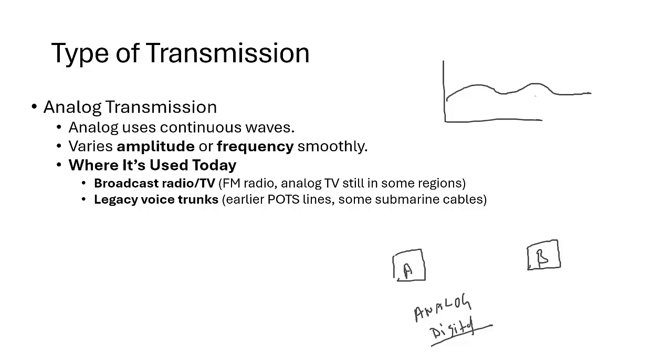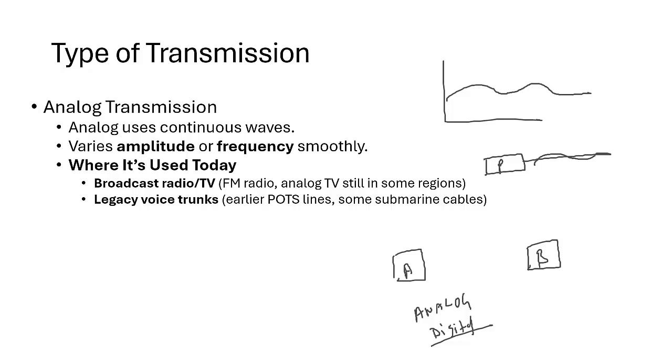Is it clear? So where do you find analog? Your traditional radios, AM and FM, use analog. Your old fashioned landline telephone calls, where there is a cable, the data transferred through this cable is direct end to end. That is called analog.